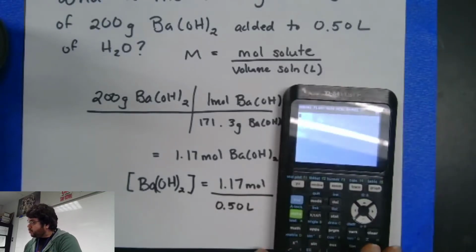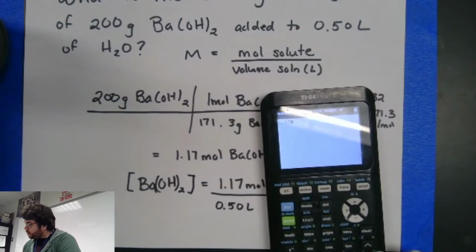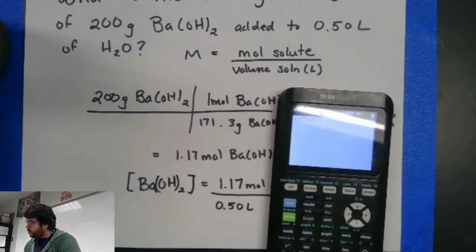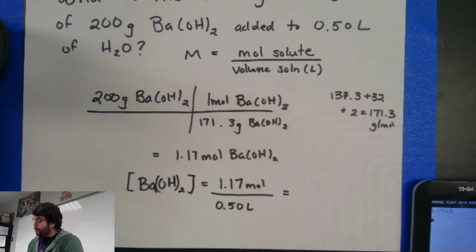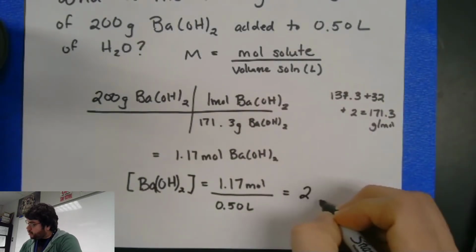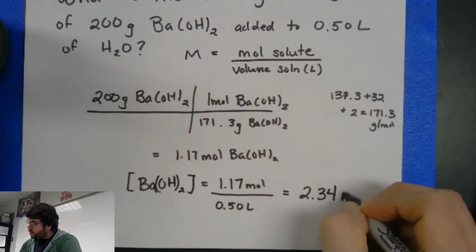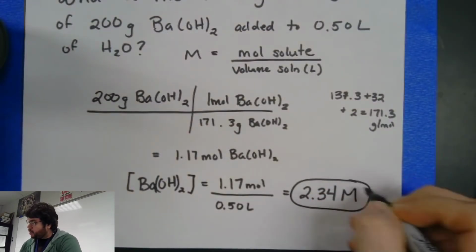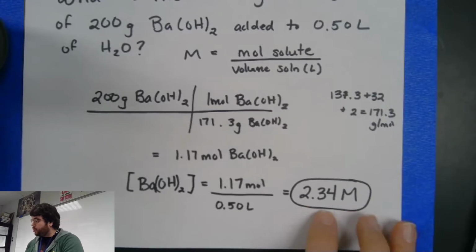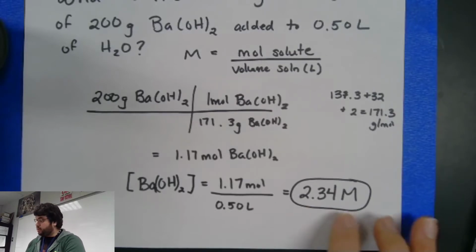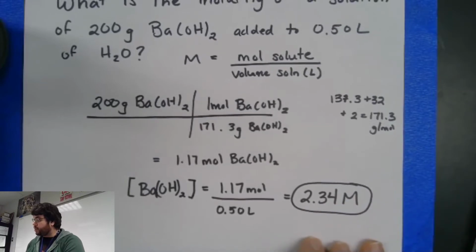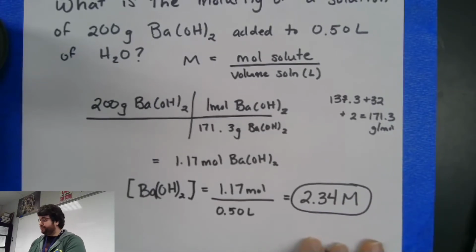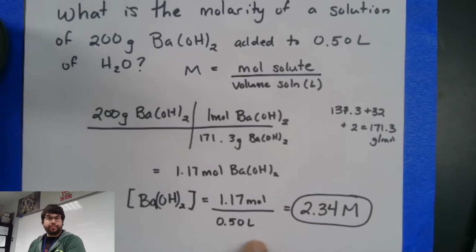So 1.17 divided by 0.5 gives me 2.34. So the molar concentration is 2.34, and I would say 2.34 molar. You can say 2.34 moles per liter, but people are going to say on average 2.34 molar. Okay, so that would be the answer to this question.